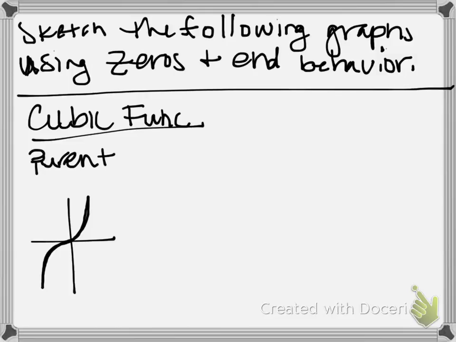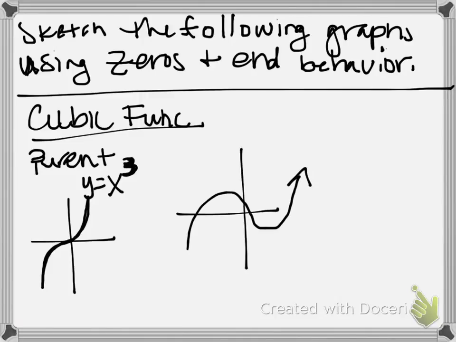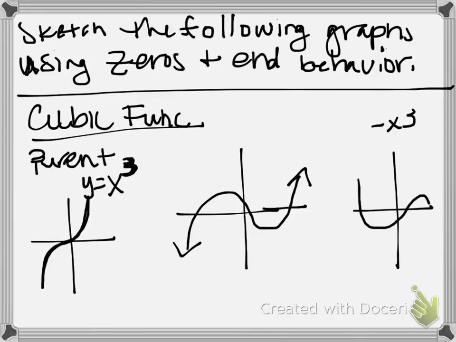The parent function is y equals x cubed. But when they get a bit more intense, they tend to look like this. Or if it's a negative x cubed, they would look like this.